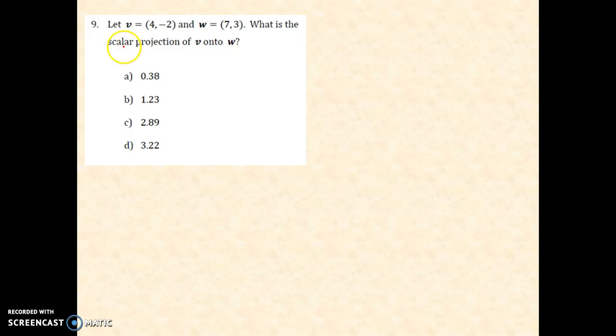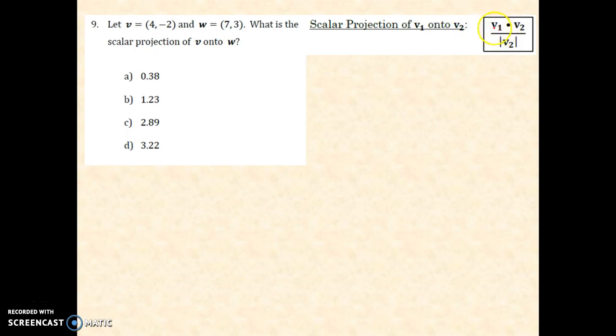What is the scalar projection of V onto W? So scalar projection is the dot product divided by the magnitude of the guy you're projecting onto. So the dot product is 4 times 7, 28 plus negative 2 times 3, that's negative 6, divided by the magnitude of the vector that you're projecting onto.